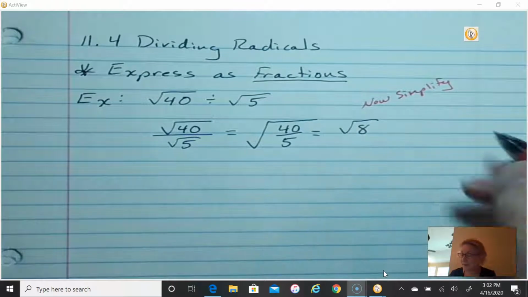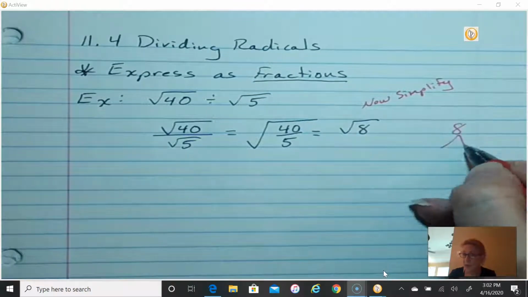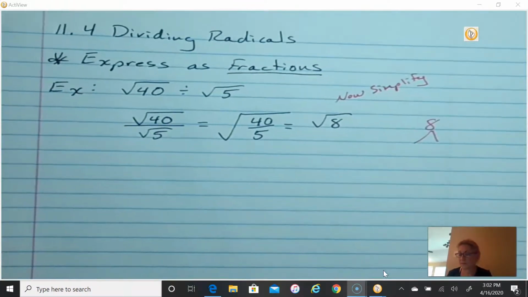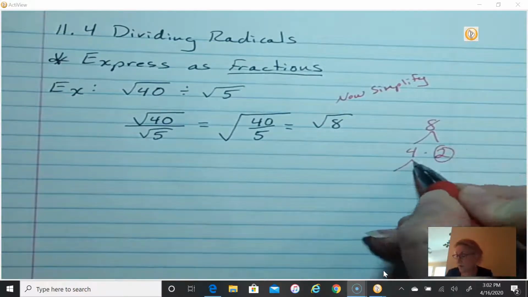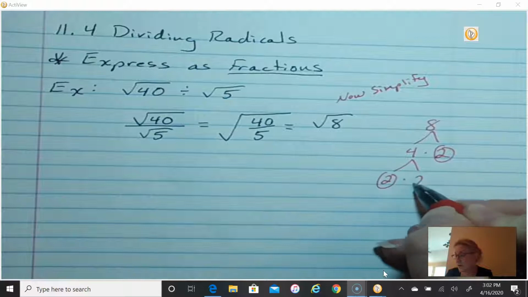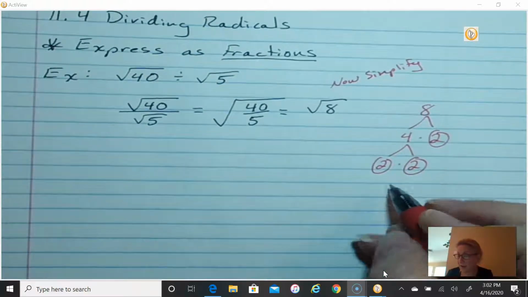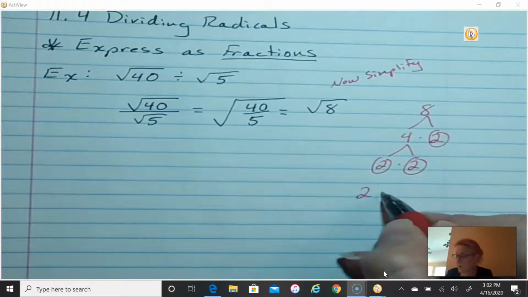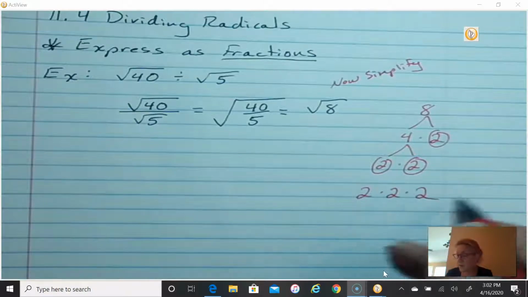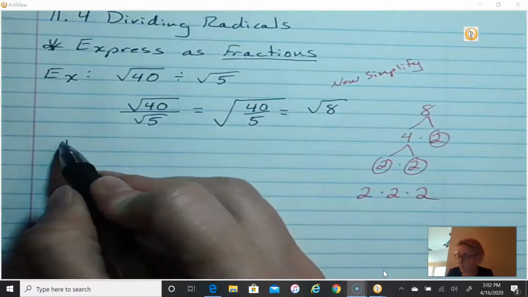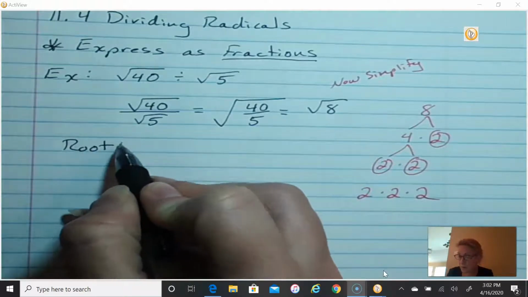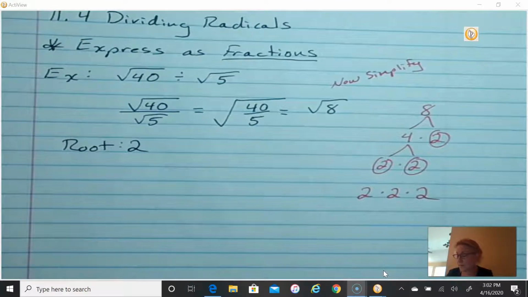What that means is do the factor tree. 4 times 2, 2 times 2. So then I have 2 times 2 times 2. What is the root? Root is 2.